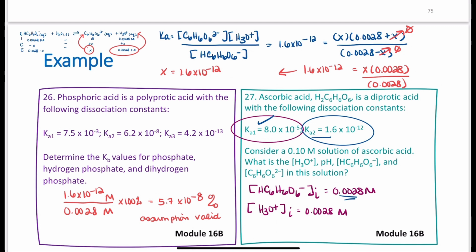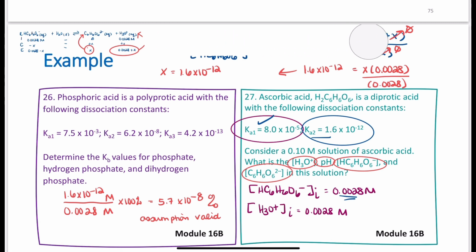Now I can answer the questions. I want hydronium, pH, HC6H6O6 minus, C6H6O6 2 minus in the solution. Concentration of each one. Okay. Oh, I don't have any space to write this. Okay, I'm going to just erase this up top here. I'm going to keep this, remember what this represented is the x over here.